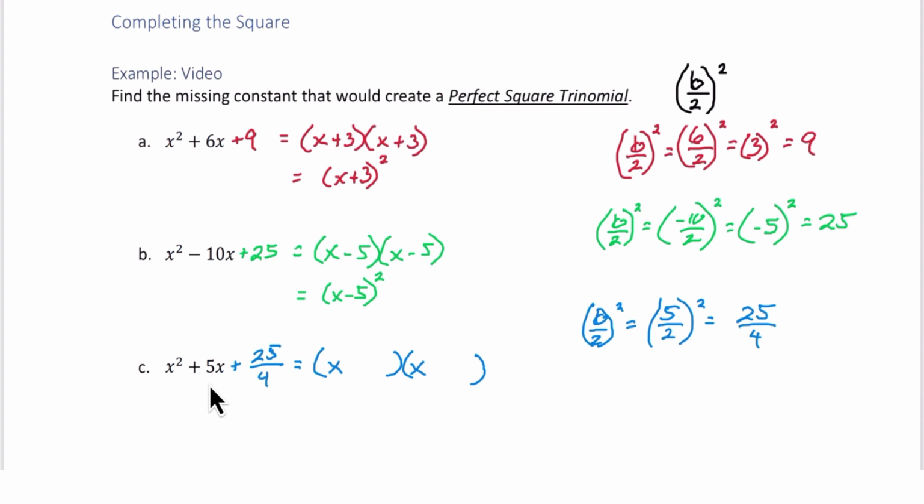There's a trick that we can use that will always give us that number, and that is b over 2. The number b over 2 before you square it will always be what we add in beside x. So in this case, we need to add 5 halves there.